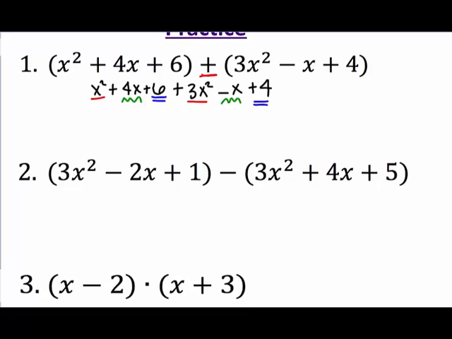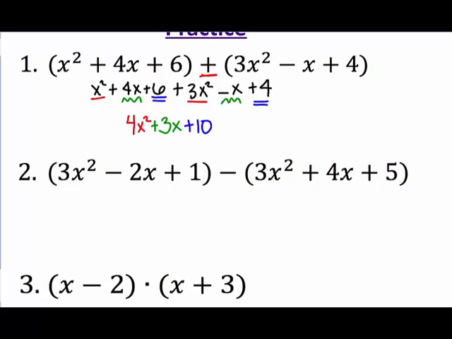So if I combine my x squareds, I'm going to get x squared plus 3x squared would give me 4x squared. If I combine my x's, I'm going to get 4x, and then it's a negative x, so 4x minus x gives me a positive 3x, and my constant is 6 and then plus 4, so I'm going to get a positive 10.